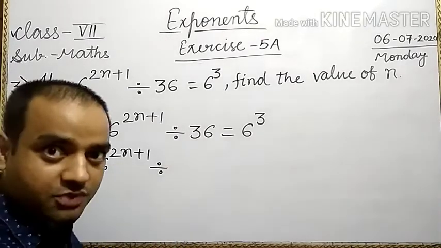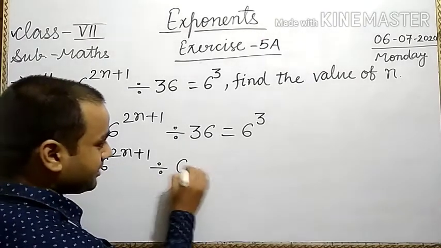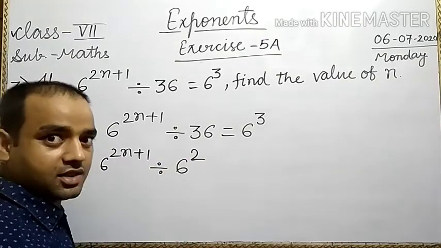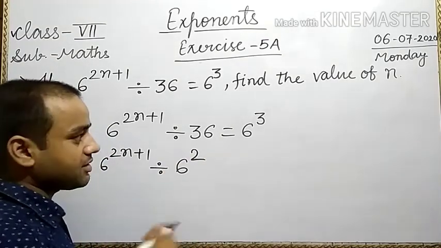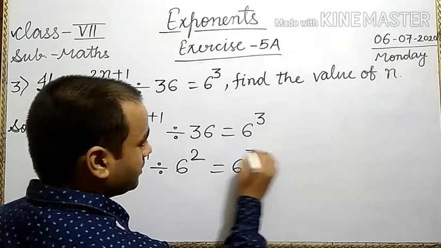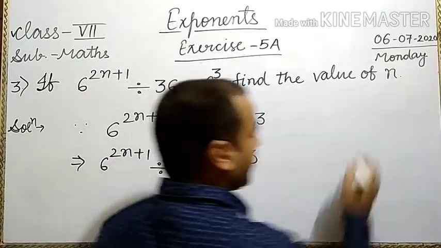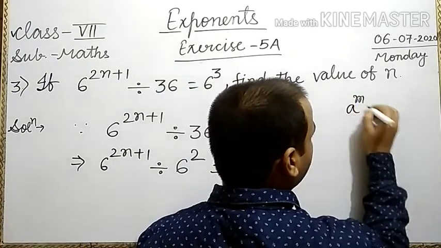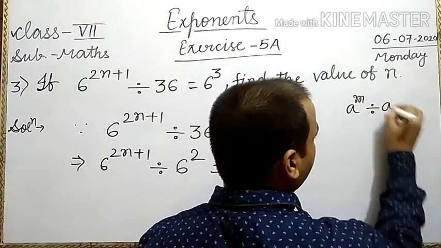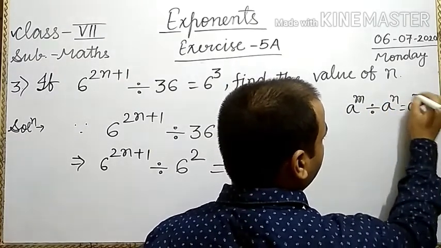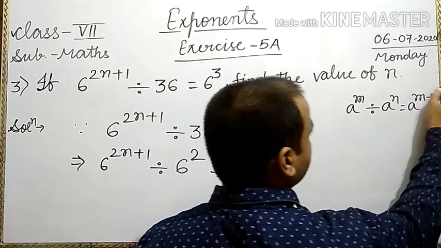Write 36 with base 6, as the square of 6: 6 into 6 is 36, is equal to 6 power of 3. We know the law of exponent: a power m divided by a power n is equal to a power m minus n. Is it clear?